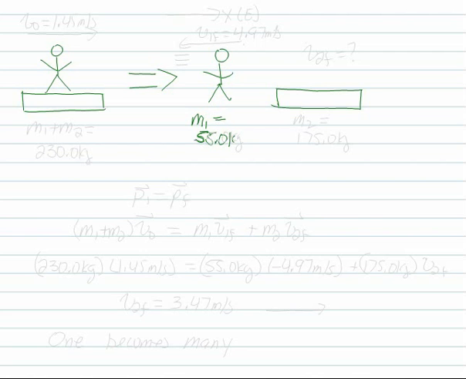Let's call M2 the raft, which is 175 kilograms. So that's after the buoy jumps. Before the buoy jumps, we have one giant object. M1 plus M2 is the mass, which is 230 kilograms.